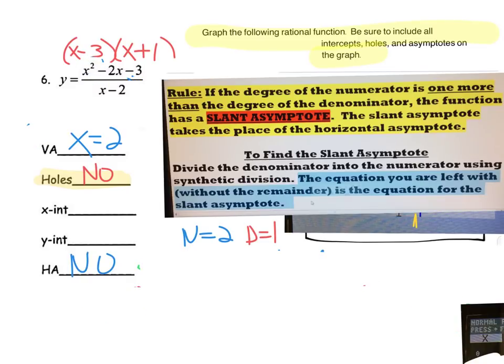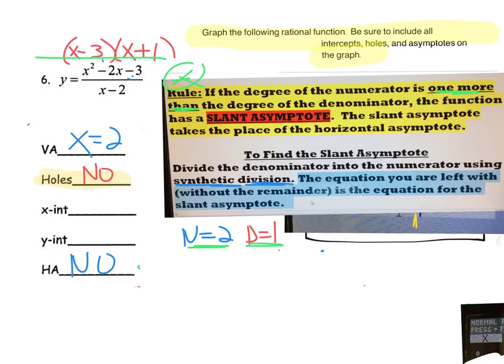this particular rational function has a slant asymptote. You know you have a slant asymptote if the degree of the numerator is 1 more than the degree of the denominator. And here, since n is 2 and d is 1, n is 1 more than d, so we're going to have a slant asymptote. The way we calculate the equation for the slant asymptote is we do synthetic division.